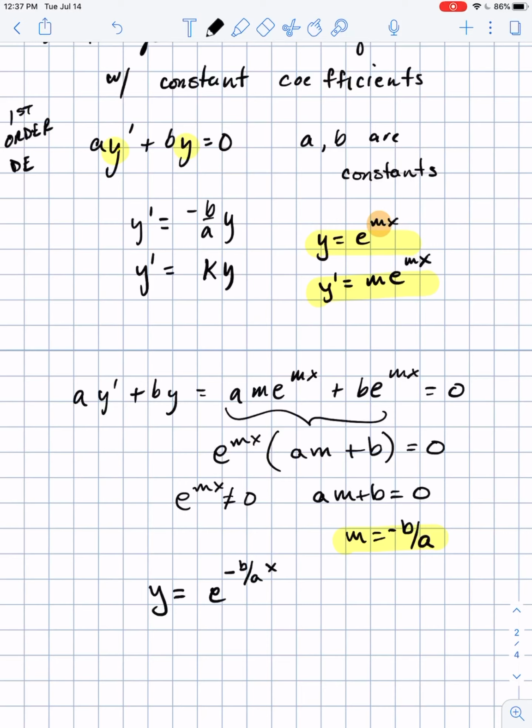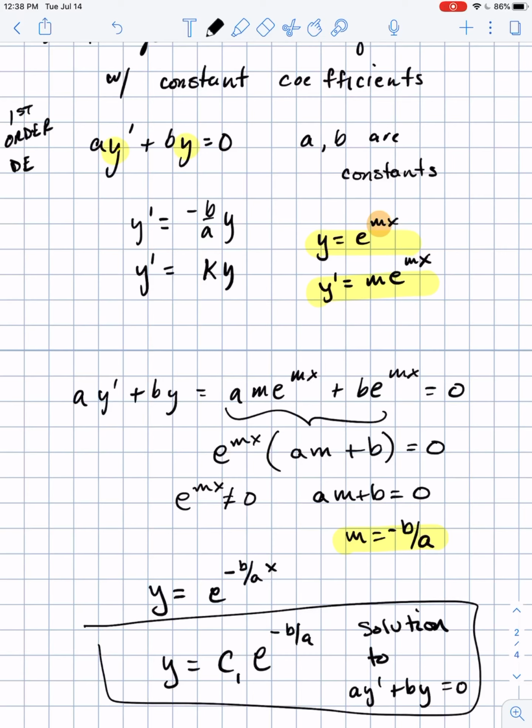And then when you write your solution, you just want to make sure there's a c in front: c sub 1 e to the negative b over a x, just in case you have some type of constant in front. So this would be the solution to that differential equation, ay prime plus by equals 0.